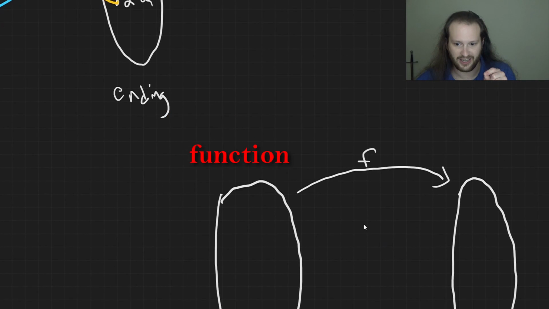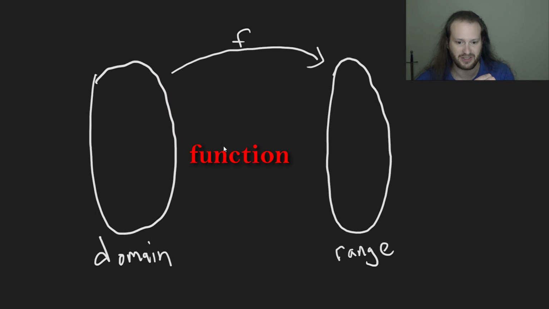These are lines connected together, but I like to think of every element in the domain as an archer, and they're looking at the targets in the range, and they can shoot their arrow, and that's their mapping. But the idea is that every archer in the domain can only have one arrow to shoot. The targets can be hit multiple times, but the archers can only shoot one arrow apiece.